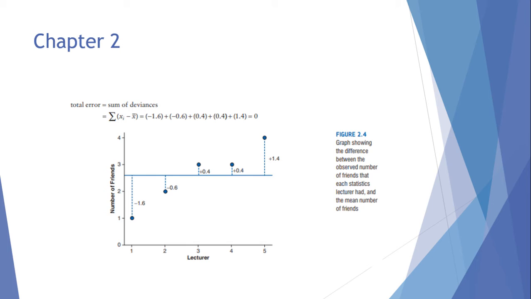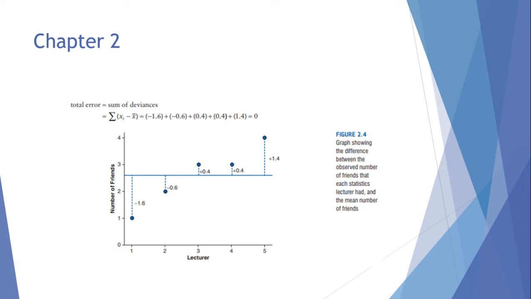So you take this little group of professors and you come up with an average. You say, well, the average, the mean for this group is somewhere between 2 and 3 friends. You can see on the y-axis there the 2 friends, 3 friends, and the line here, that's the mean, the average, is somewhere like a little over 2.5 friends per person. That's the average. So we draw a line, and that is our model line in this very simple situation.